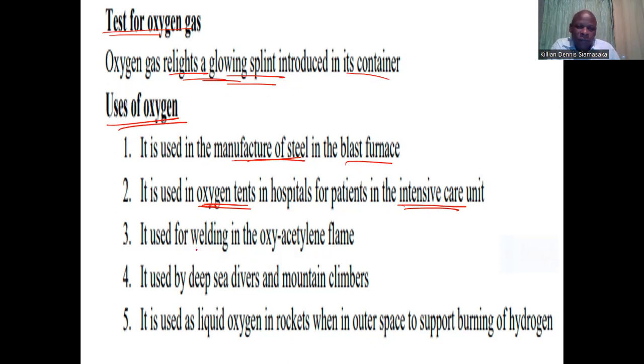We can also use it for welding in the oxygen fire. It can also be used by climbers as well as divers. It can also be used to support burning of hydrogen in rockets.